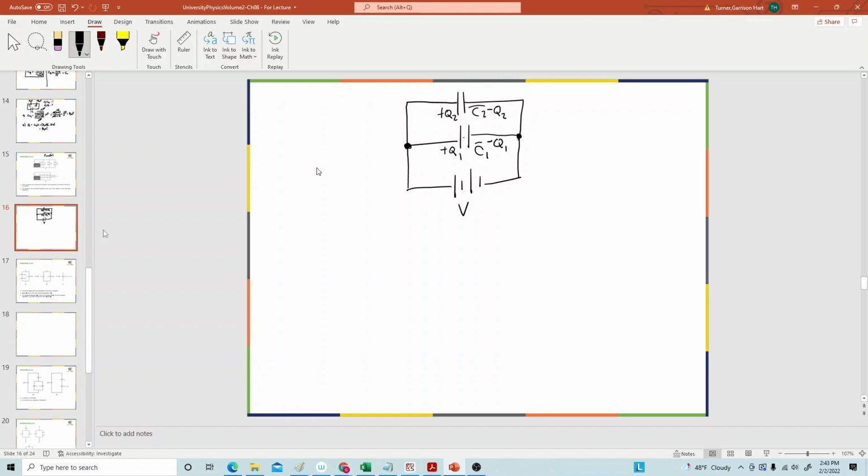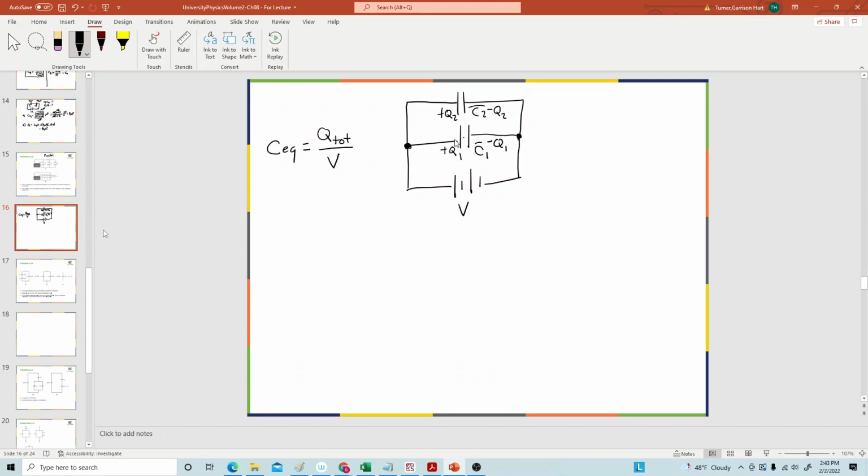Okay? And so, with that in mind, the equivalent capacitor, if I were to view this combination as a single capacitor, it would have a total amount of charge that was moved divided by the voltage of the battery. But in this case, the values of the charge add up.